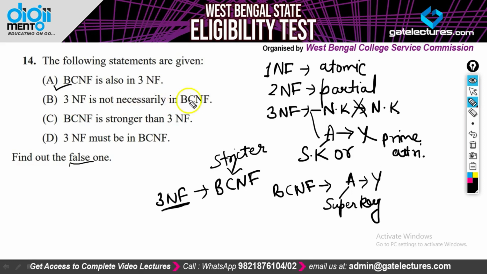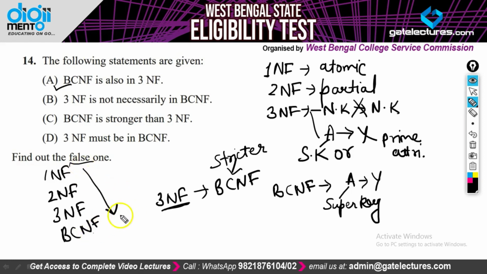3NF is not necessarily in BCNF. Yes, right. We have first normal form, then second normal form, then third normal form, and then we have BCNF. So power goes like this. BCNF is the most strict. Many times it has not been implemented because of this only, but yeah, it is strict. 3NF is not necessarily in BCNF.